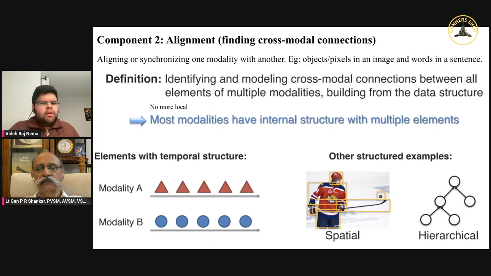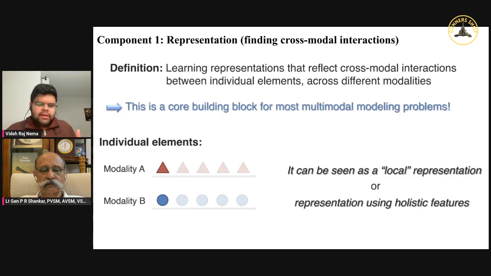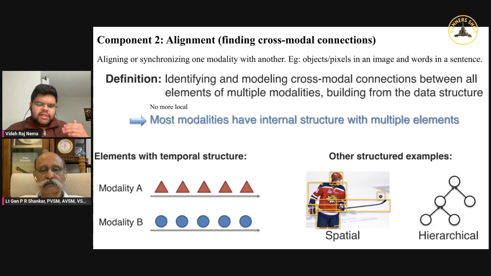The second step is something called alignment. Now, the first step helped us find the local representations. Now from local you are going to global, because previously we considered only one element in each of the modalities. Now we are considering all the elements, and alignment means finding the connections between elements of modality A and modality B. So for example, in this figure we have a player, and there are bounding boxes identifying that this is a hockey stick, this is a helmet, this is a ball.